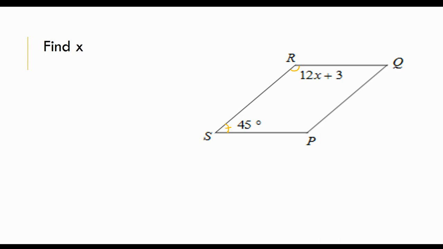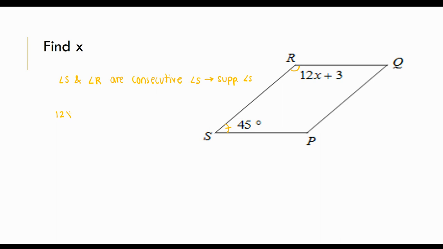So if we think about our 5 properties, 2 of them related to angles. Opposite angles are congruent and consecutive angles are supplementary. So because angle R and angle S are consecutive, because they're right next to each other, that tells us that we have supplementary angles.